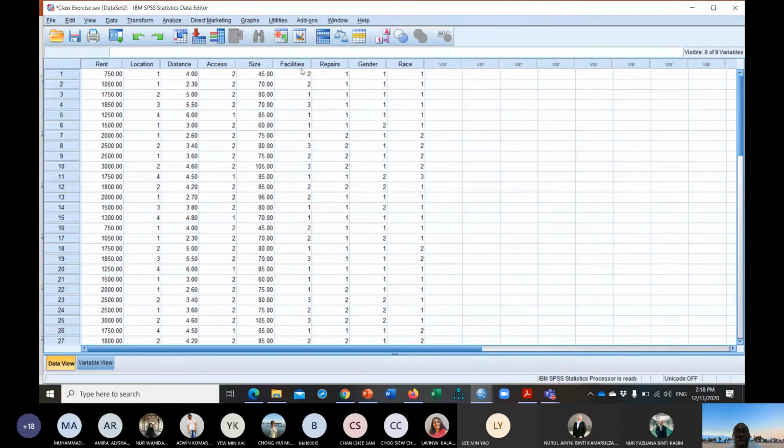Then the facilities have been ranked: fair is 1, good is 2, and excellent is 3. If you have excellent facilities in terms of services such as a swimming pool or play area within the location of the property, those services are available, so sporting or recreational facilities around.